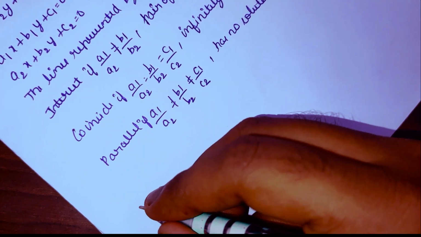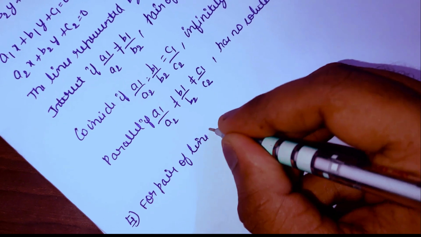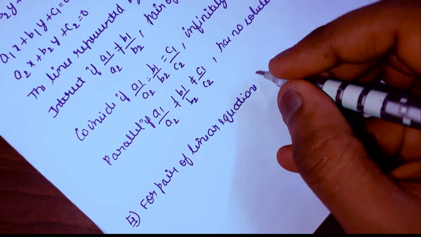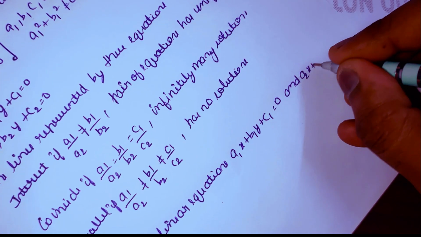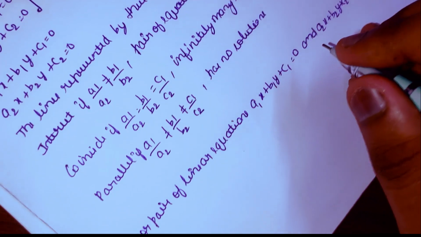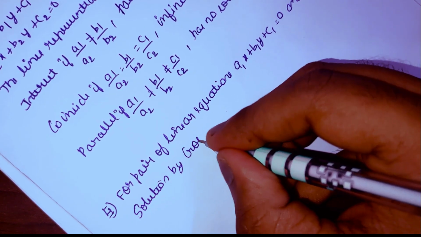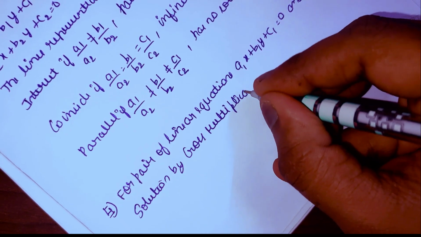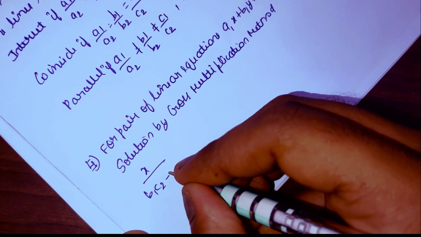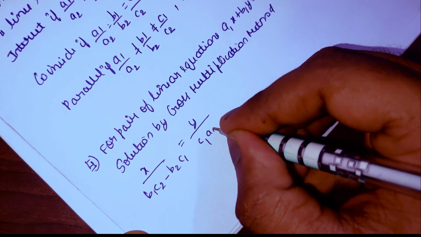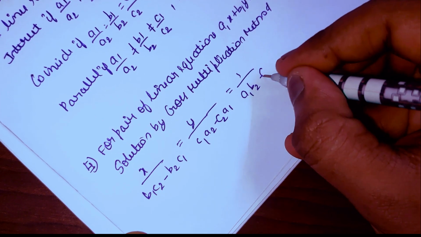One more equation of line we'll see. Fifth one. For pair of linear equations a1x plus b1y plus c1 equal to 0 and a2x plus b2y plus c2 equal to 0, the equation to find solution by cross multiplication method: x by b1 c2 minus b2 c1 is equal to y by c1 a2 minus c2 a1, which in turn is equal to 1 by a1 b2 minus a2 b1.